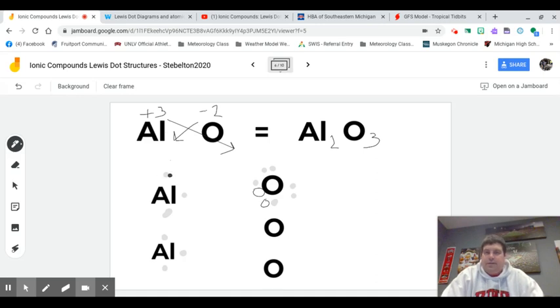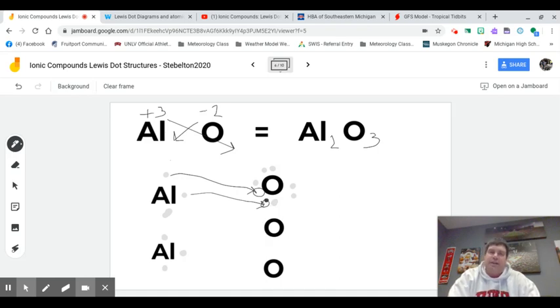So we're going to take one of these from aluminum and transfer it. Another one from aluminum and transfer it. And notice we still have 4 more electrons that need to be transferred. And they would be transferred to these 2 oxygens here.